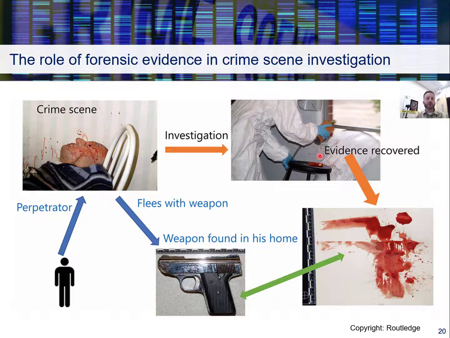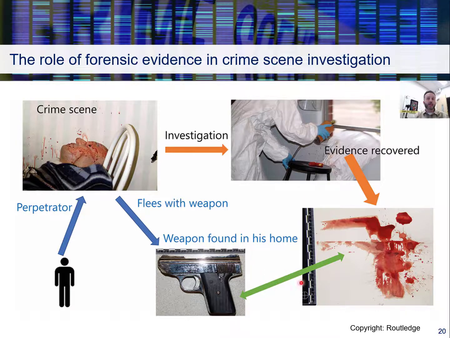If the scene is processed, many types of evidence may potentially be recovered, such as fingerprints and bloodstain patterns. One of those patterns could potentially match the outline of the gun that is later found, and the fingerprints can be used to identify the suspect through the fingerprint database.